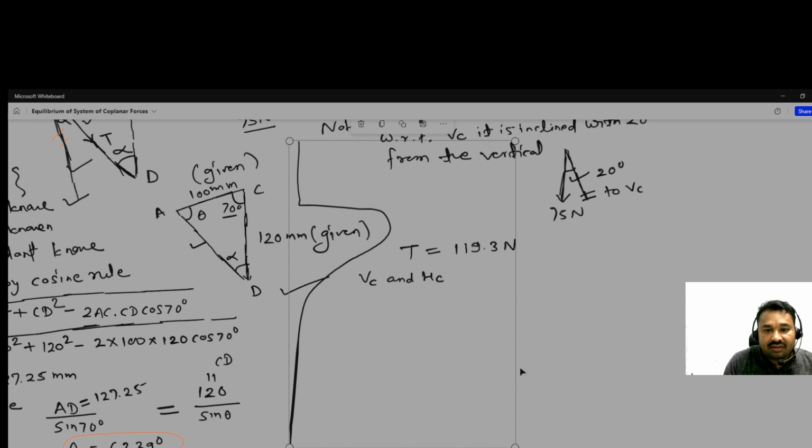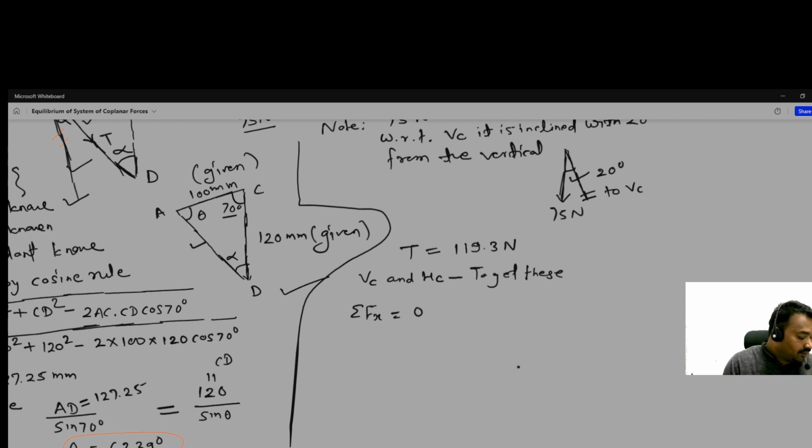To get these, summation of Fx is equal to 0.